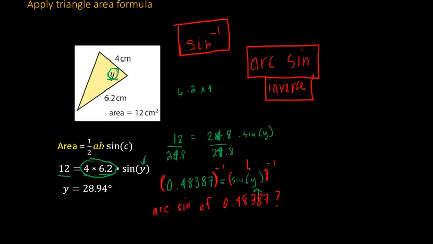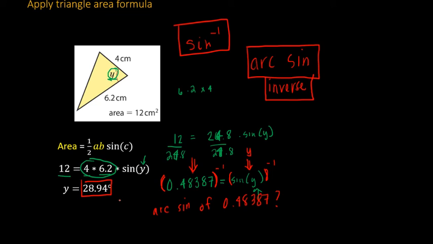This side ends up simplifying just to y, and this side simplifies to our answer. So it ends up telling us y equals what? And so for this one, you should get 28.94. So the arc sine of 0.48387 is 28.94.